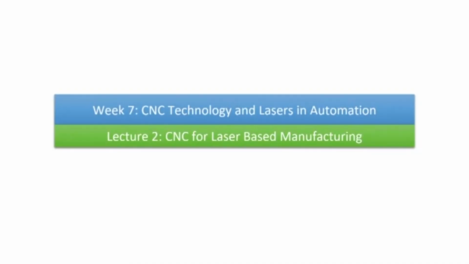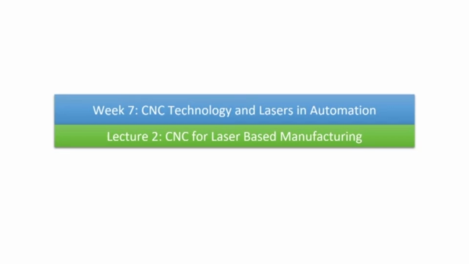So it is essential for a laser based manufacturing engineer to have some knowledge about CNC controls and how CNC machines are operated. With this objective, let us study in today's class the CNC for laser based manufacturing.